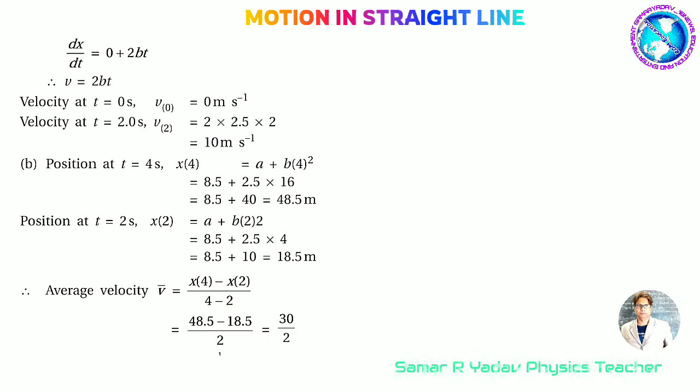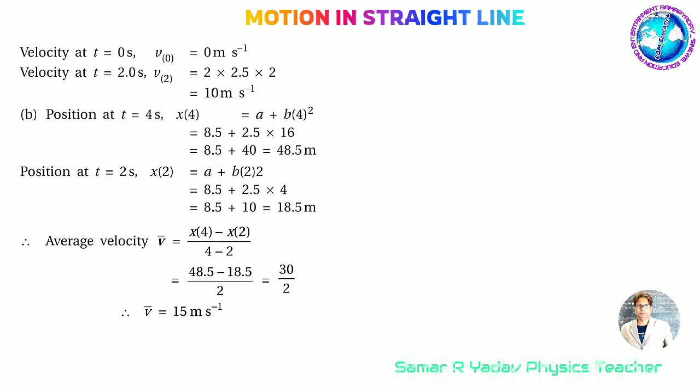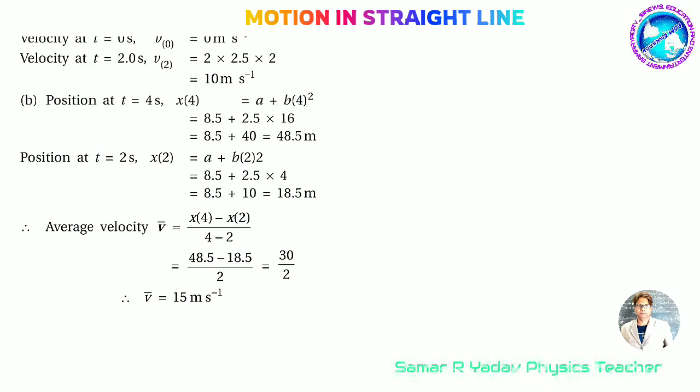Position at t is equal to 2 seconds. x2 is equal to a plus b into 4, is equal to 8.5 plus 2.5 into 4 is equal to 8.5 plus 10 is equal to 18.5 meter. Average velocity v is equal to (x4 minus x2) upon (4 minus 2) is equal to (48.5 minus 18.5) upon 2 is equal to 30 by 2. Therefore, v is equal to 15 meter per second.